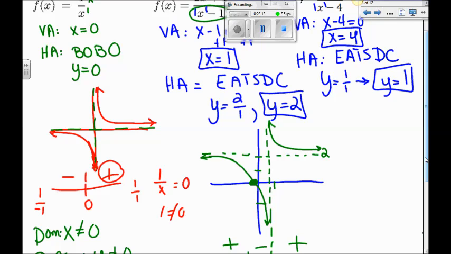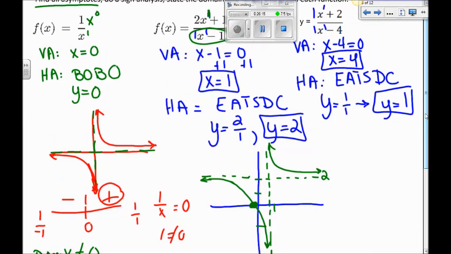What does that look like in terms of a graph? So we've got our horizontal asymptote at y equals 1, our vertical asymptote at x equals 4.